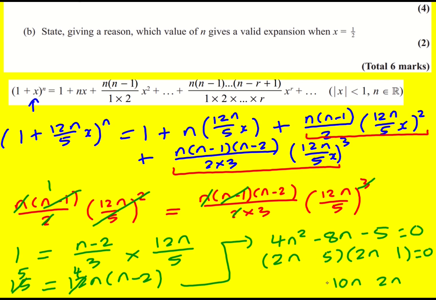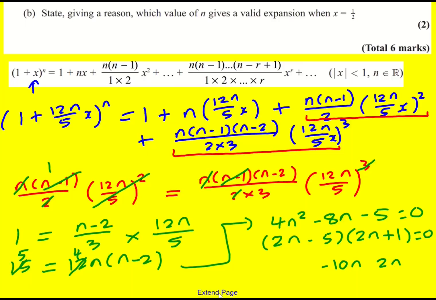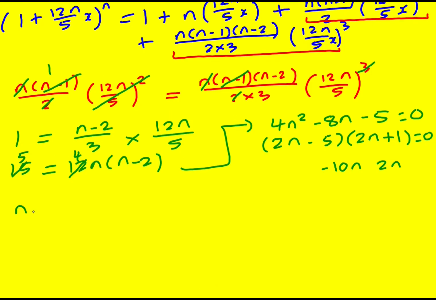And then if I make this one negative, then I'll get my minus 8n. So I'll make that one negative and that one positive. And that means that n is equal to 5 over 2 or minus a half.